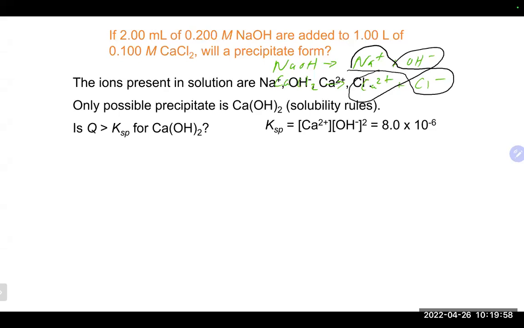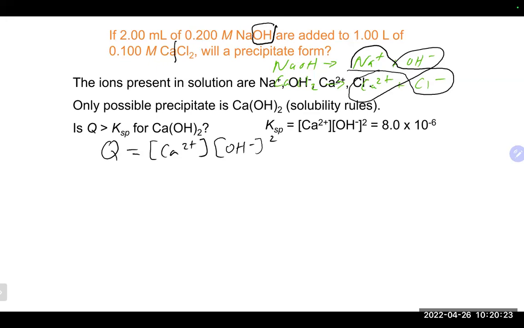Yeah. Other questions? All right, so remember Q here is calculated the exact same way as our KSP, which means it would be our calcium concentration times our hydroxide concentration squared. And we do want this in the mixture. So really our sodium hydroxide is going to be our source of hydroxide, right?